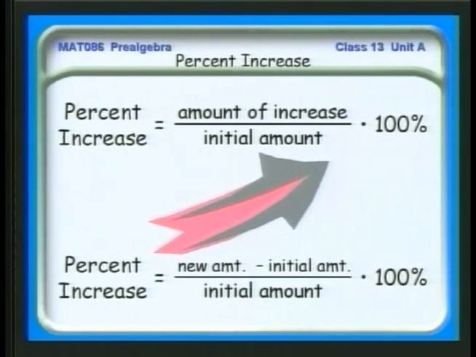So that's the change in the size divided by the original size of whatever the quantity is. Remembering this definition is important because we're going to use the ideas in this definition throughout the rest of this unit. And in fact, it's going to be a piece of a lot of what we talk about in units B, C, and D as well.